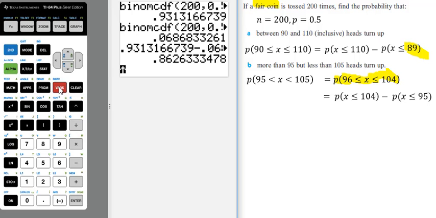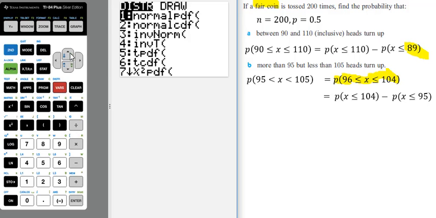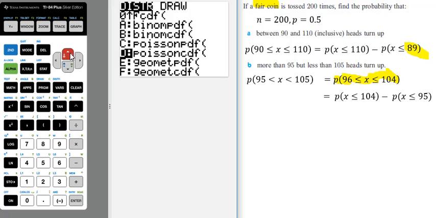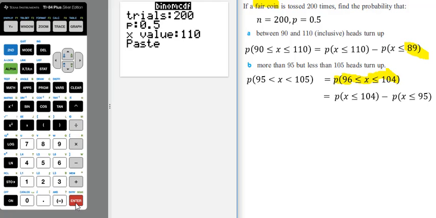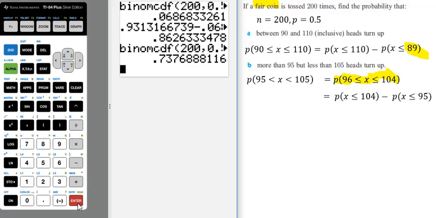Second, distribution, upper arrow, go to binomial CDF. We have 200, then 0.5. X will be 104. Then we plug in 95 this time.